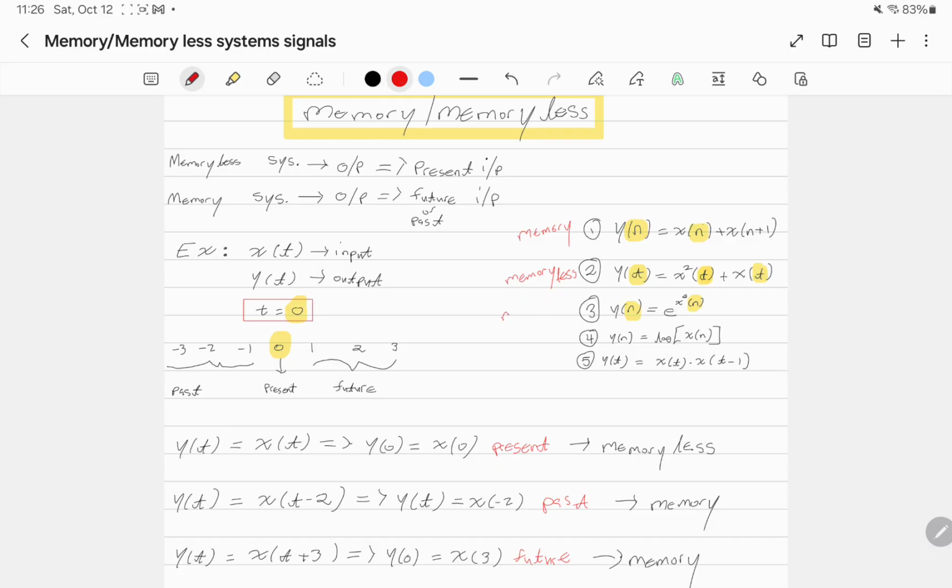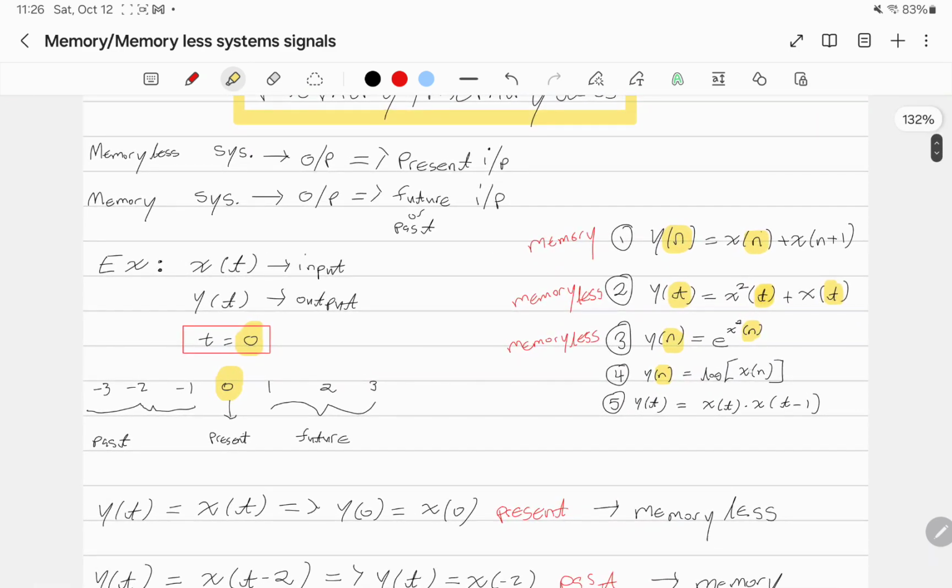The output depends on the present value of the input. And same for this example, we plug in 0, and we'll get 0. So the system has no memory, memoryless.